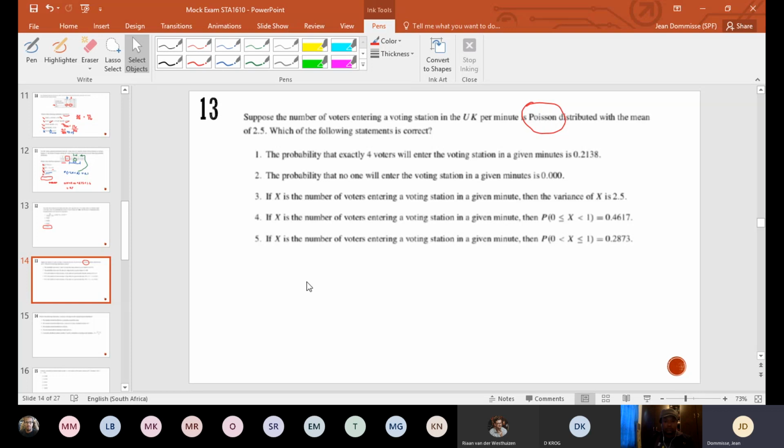Suppose the number of voters entering a voting station in the UK per minute is Poisson distributed with a mean of 2.5. So we know that lambda is 2.5.